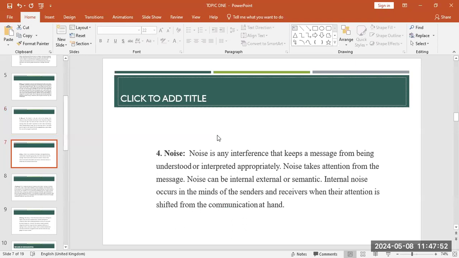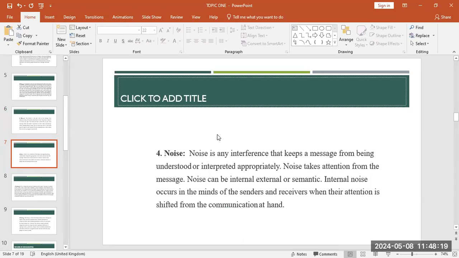Number four, we have noise. Noise is any interference that keeps the message from being understood. It's a barrier to effective communication, and it interferes with communication.